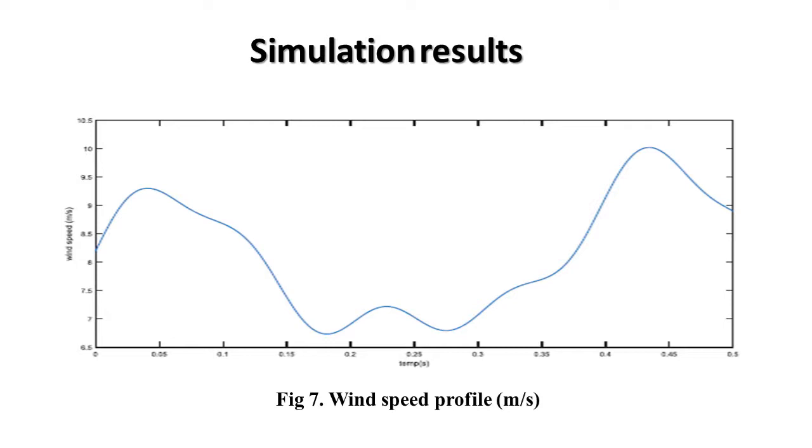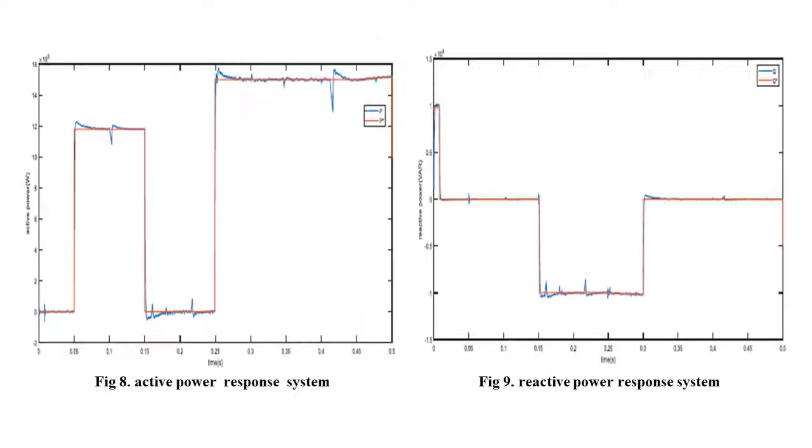The figure presented shows wind of variable speed. The figure presented shows the performance of the double fed induction generator rotor, which is driven by wind turbine.